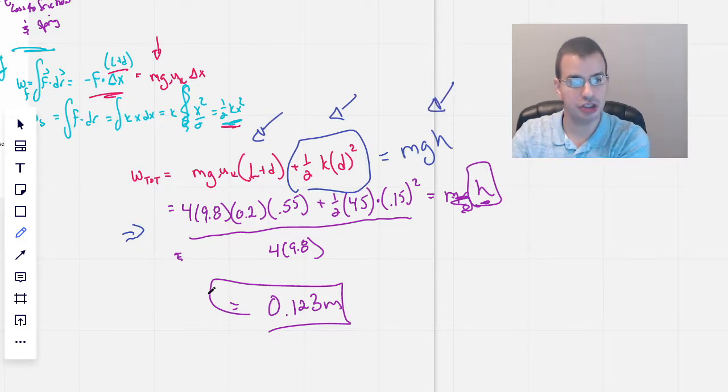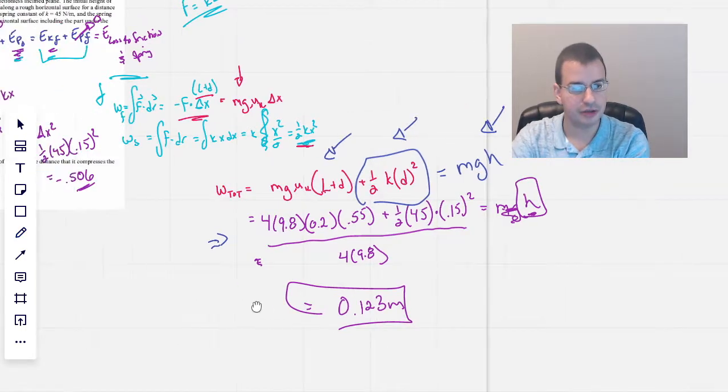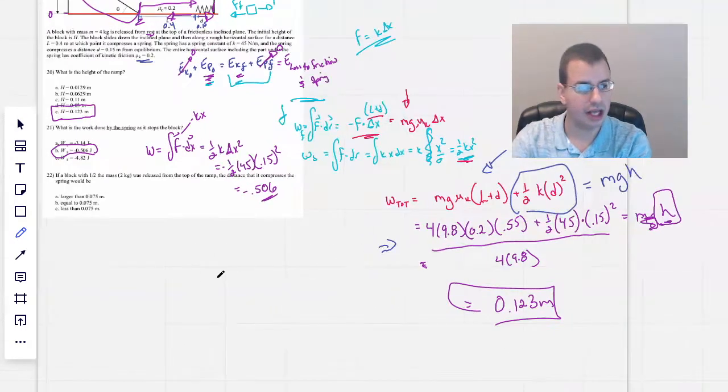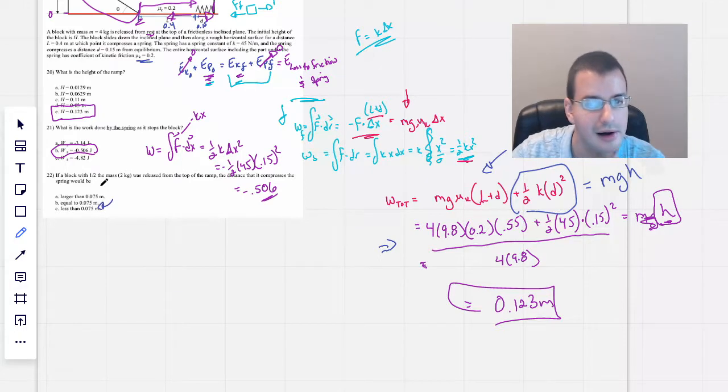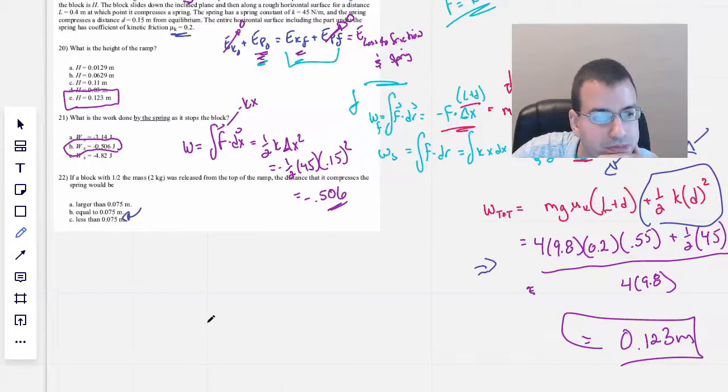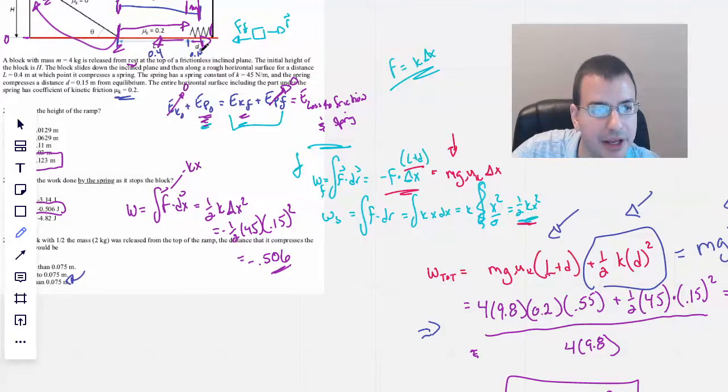So to solve this, and this is assuming, this would actually probably be difficult to solve because D here would give us a quadratic.